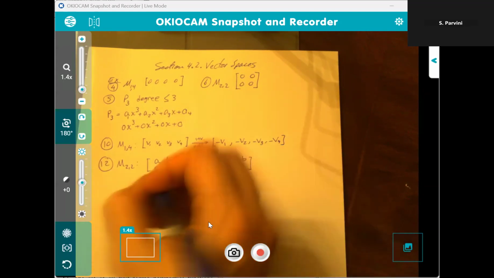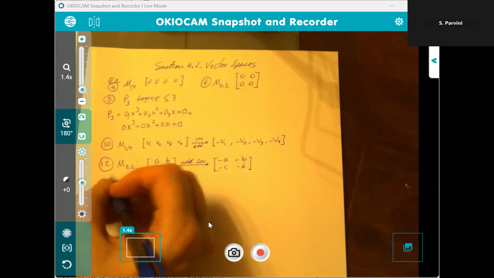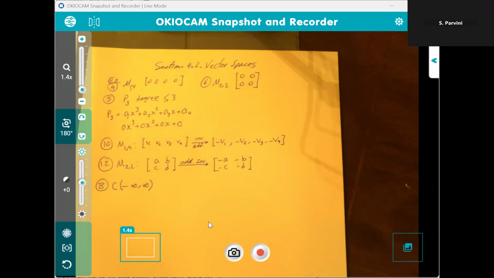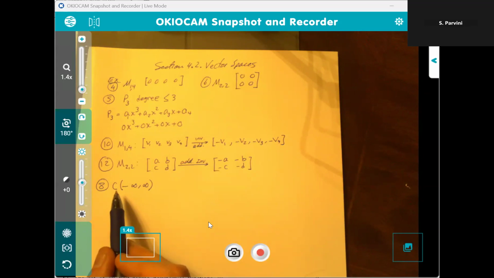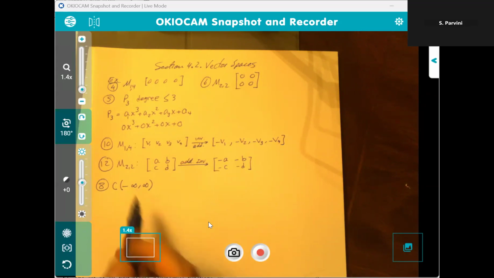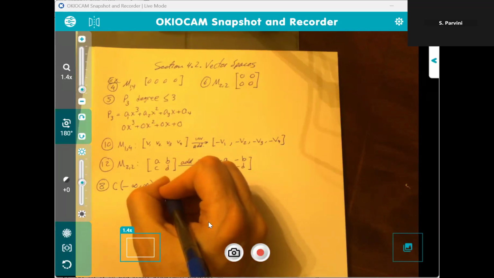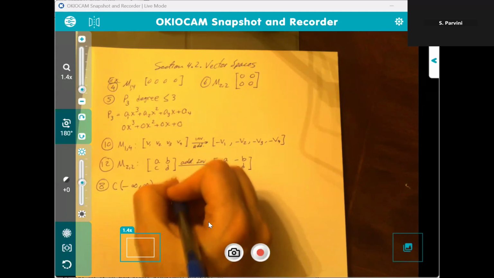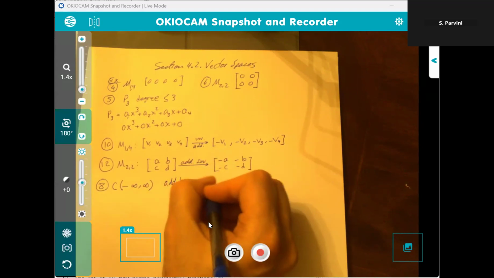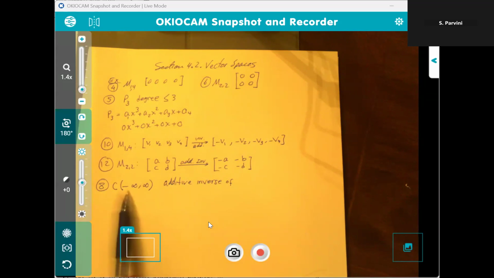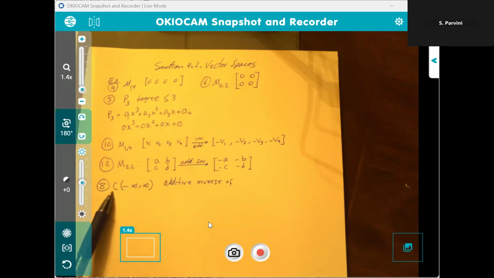Now let's go back to number 8, because it's like, what is number 8? Number 8 looks like this. Now, what is this C negative infinity to infinity? C stands for continuous. So we're looking at the set of all continuous functions from negative infinity to infinity, right? We want to find the additive inverse of the function, C for continuous function.